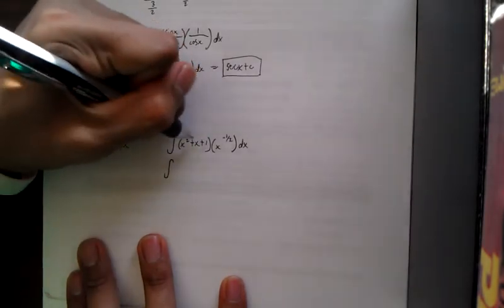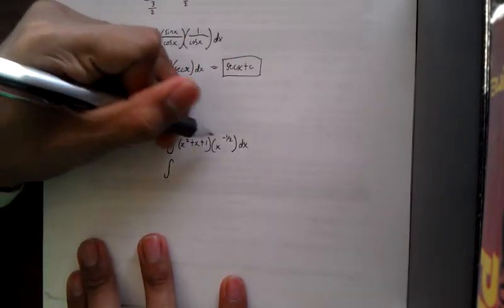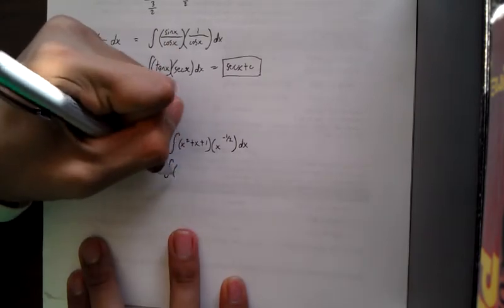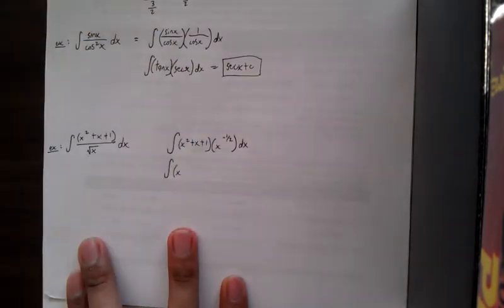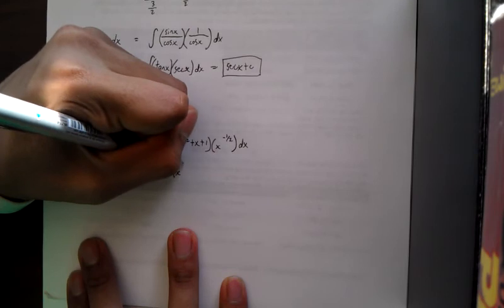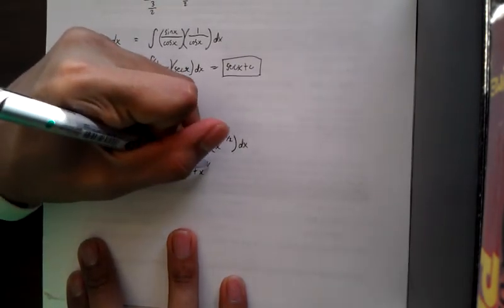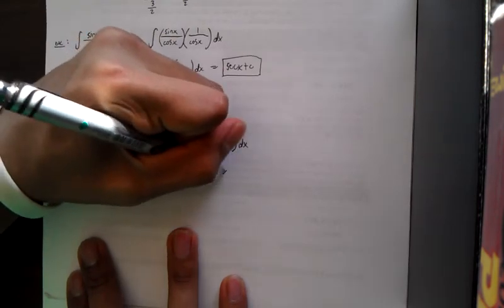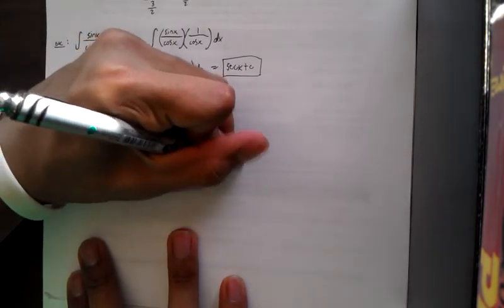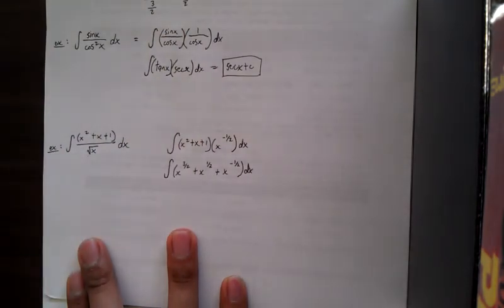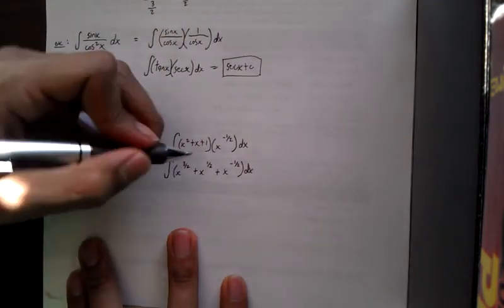Go ahead and distribute these across. Remember that the exponents add up when you do that. So you're given x to the 3/2 plus x to the 1/2 plus x to the negative 1/2 dx.